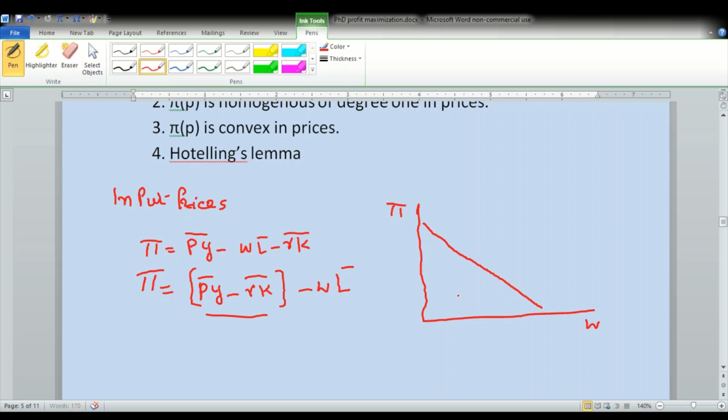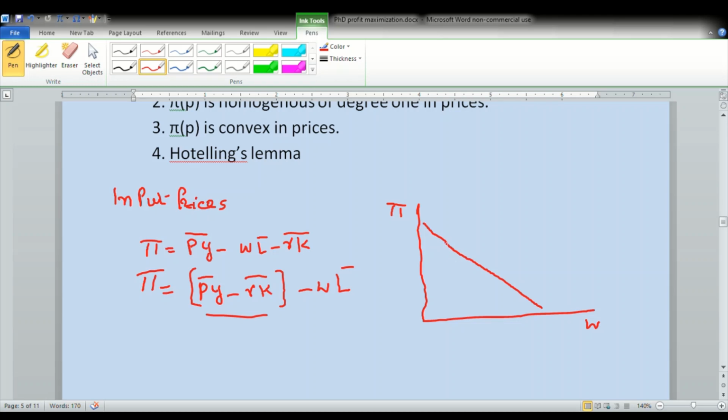Remember that in the last graph it was increasing because P was adding to the revenue, and so it was adding to the profit. Here it is decreasing because W is adding to the cost, and as cost increases, profit decreases, and so we have a falling behavior of this equation in the input prices.